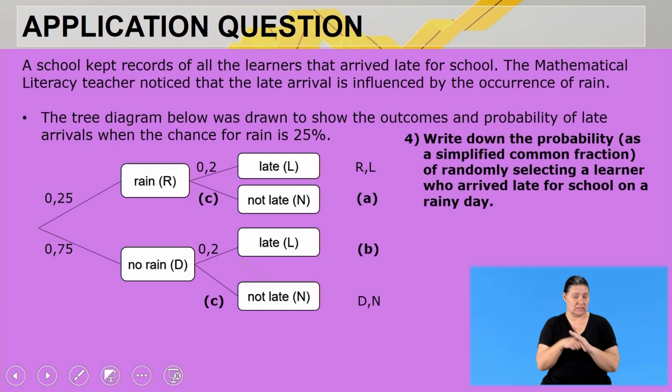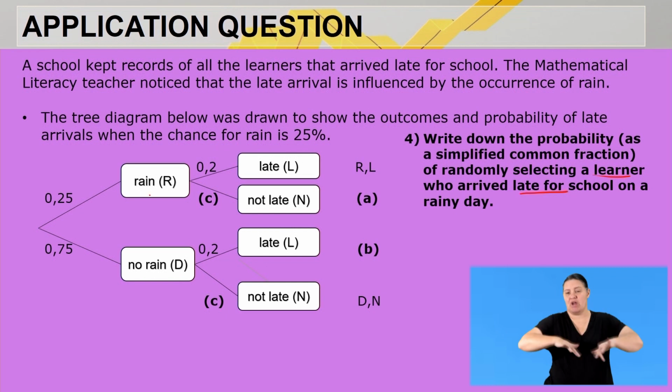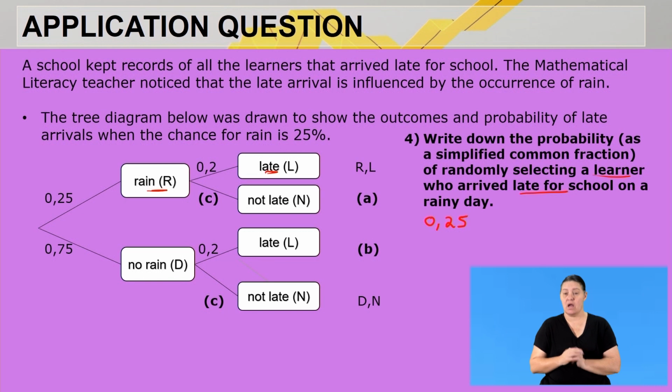Still the same context. Now at question number 4, I'm saying write down the probability as a simplified common fraction of randomly selecting a learner who arrived late for school on a rainy day. All right, so I'm going to repeat that. It's a learner who arrived late for school on a rainy day. So here, okay, it's a rainy day and he's late for school. Okay, so therefore I'm going to say first of all 0.25 that represent the rainy day, multiply by the 0.2 that represent the late.